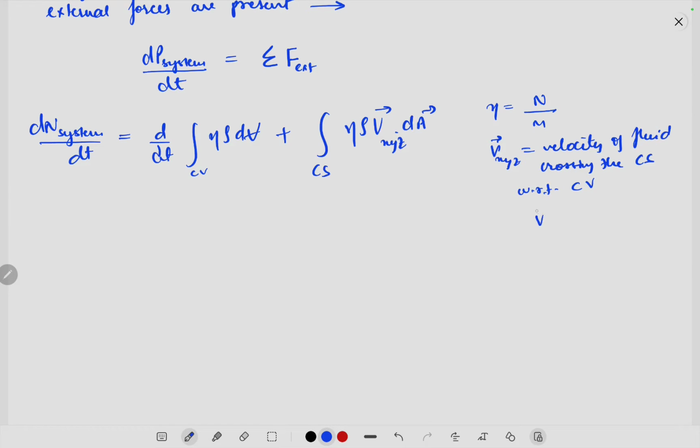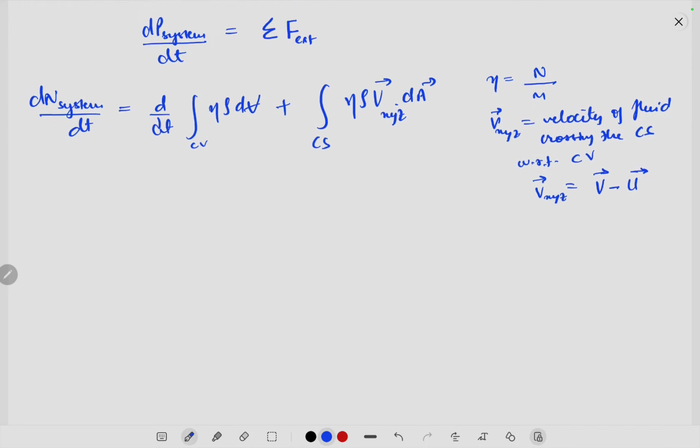And we argued that this velocity would be the velocity of the fluid with respect to ground minus the velocity of your control volume with respect to ground. Correct?